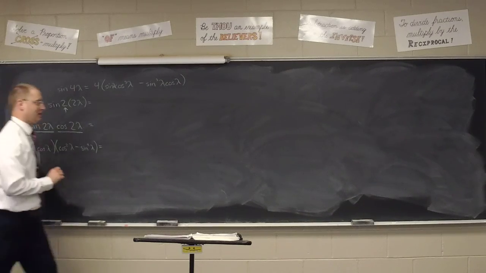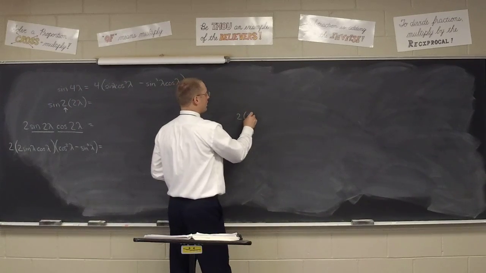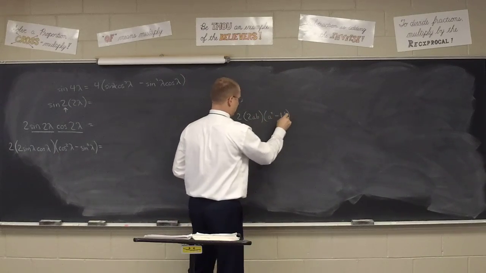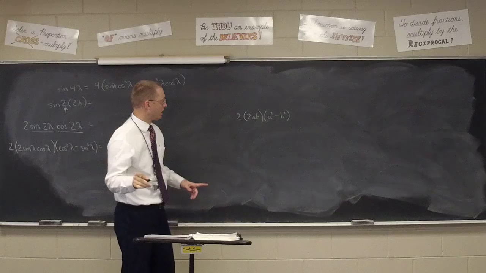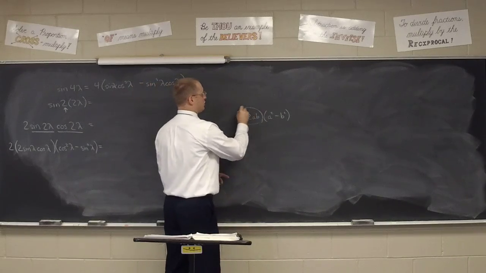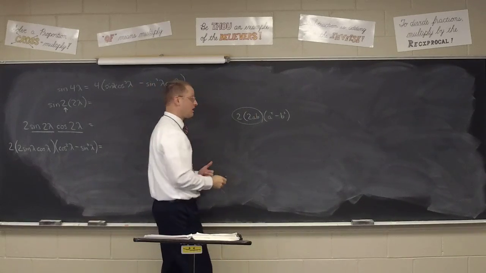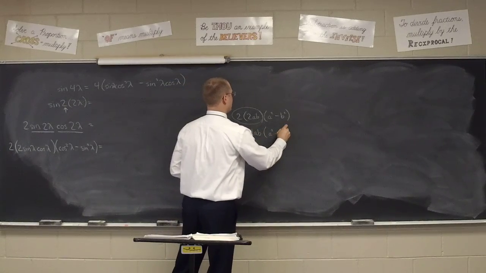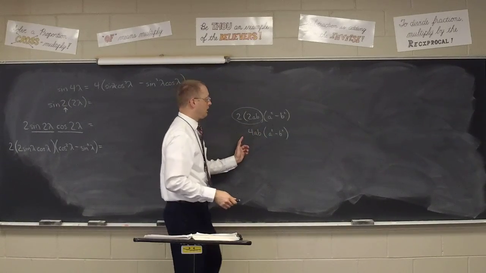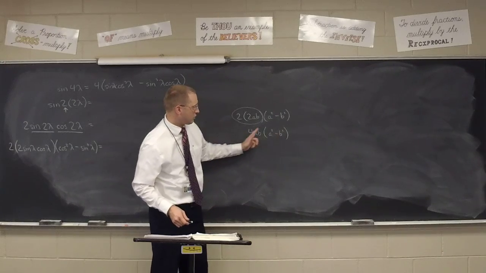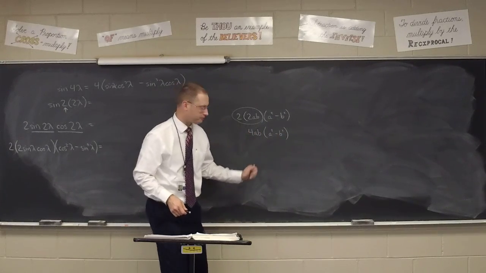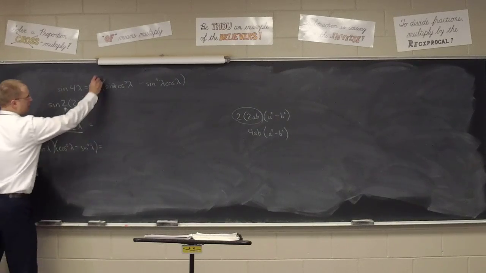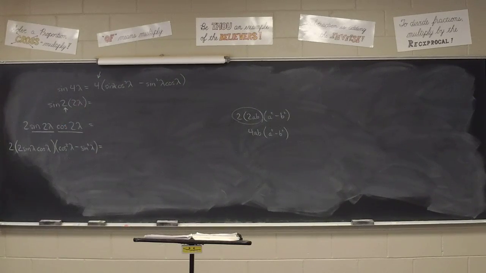Now again, if I have a 2 times 2ab times a squared minus b squared, you with me? I would say, well, really the 2 and 2ab should just be multiplied first to get 4ab. And really, I should distribute the 4ab into the a squared minus b squared, right? Except here the 4 isn't distributed.